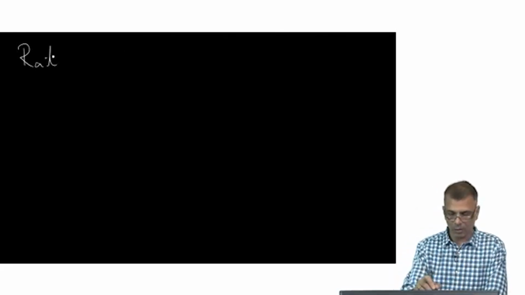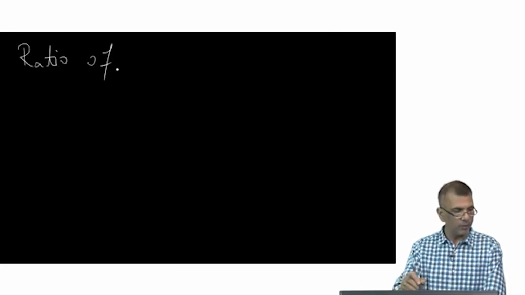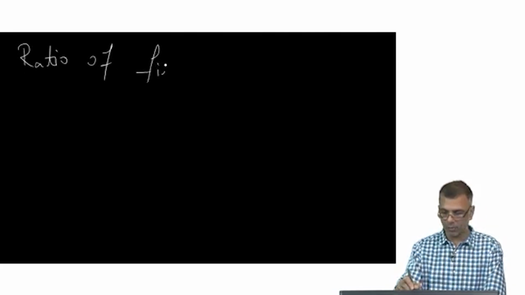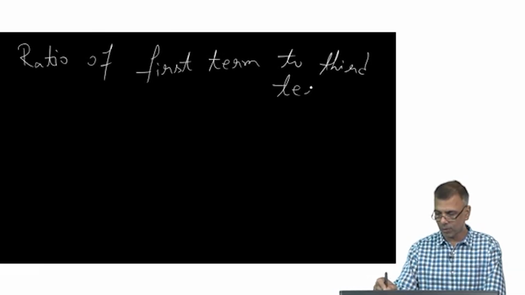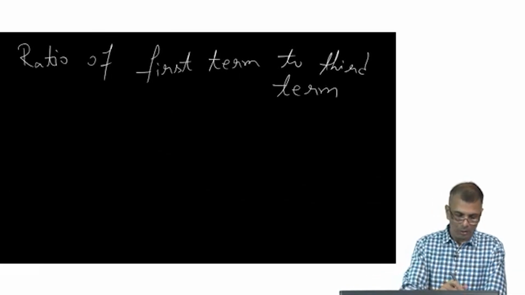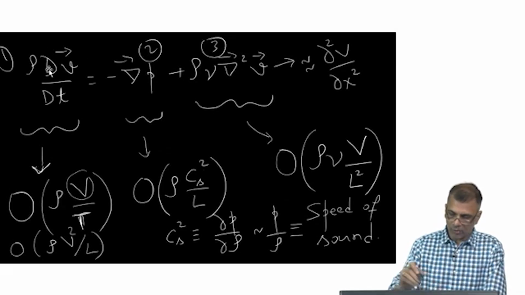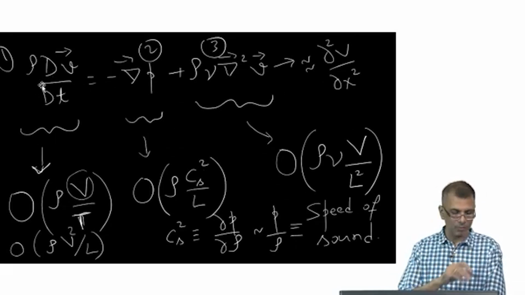Another example, the ratio of the first term to the third term. Again, first term to third term, inertial term to viscous term.